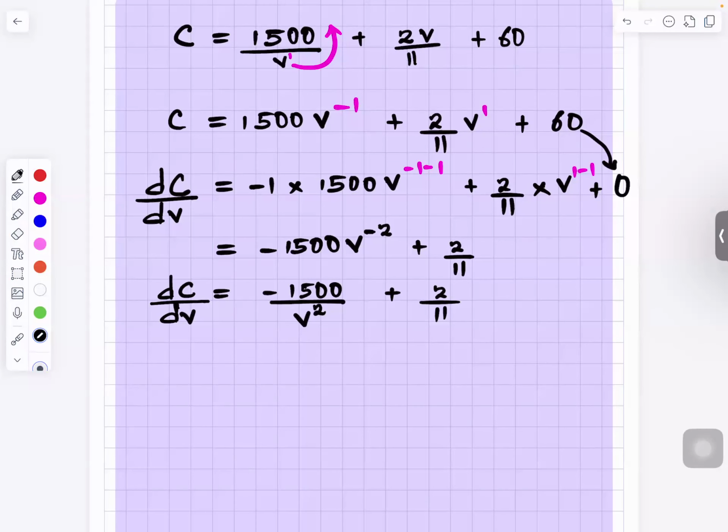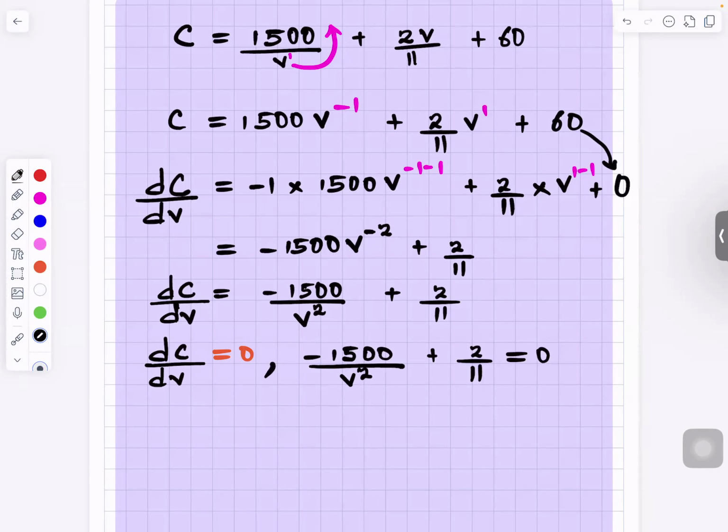So to get the value of V that minimizes, we want to have dC over dV equal to 0. And we solve it. So we have minus 1,500 over V squared plus 2 over 11 equals 0.